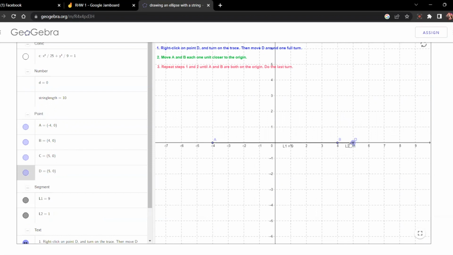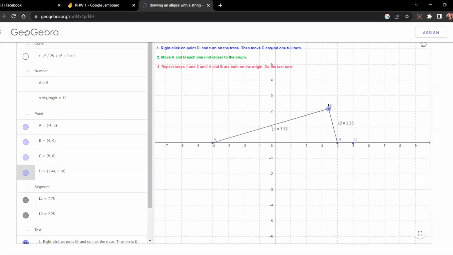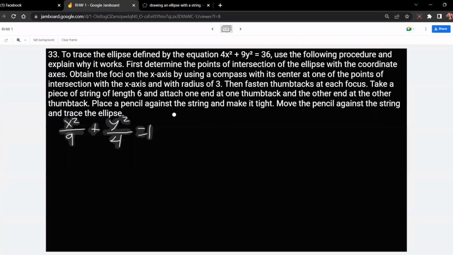Okay, so C is where it is. So theoretically dito, ano yung length ng string na ginamit mo? Medyo mahirap basahin eh. So A is equal to 3, B is equal to 2, C is equal to square root of 3 squared minus 2 squared, square root of 5. So, yeah, square root of 5. 2.236, ganon.